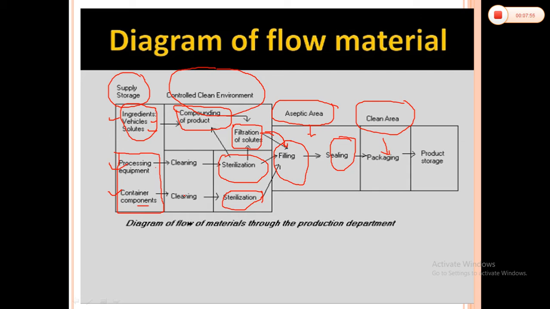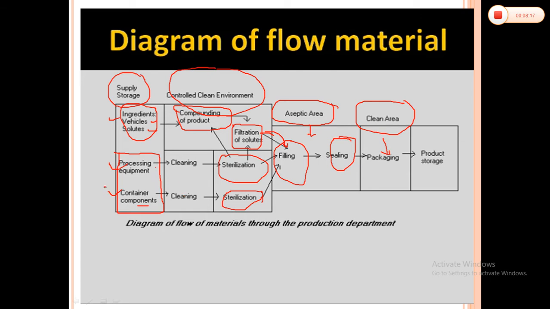So the material or solution enters into the aseptic area. Now there are four classes of areas: class A, class B, class C, and class D. They are divided depending upon the particle counts present in that particular area.